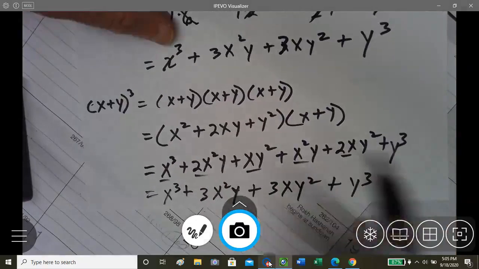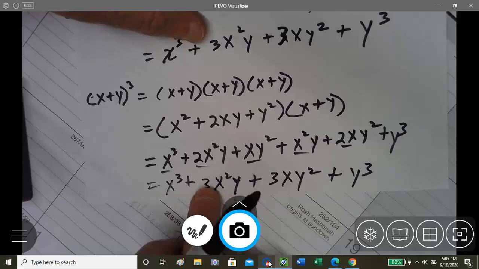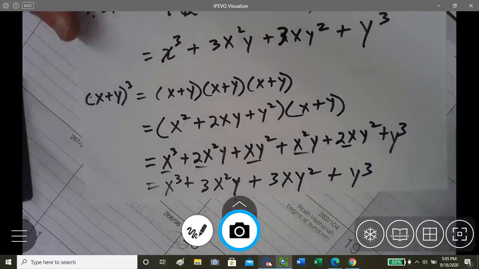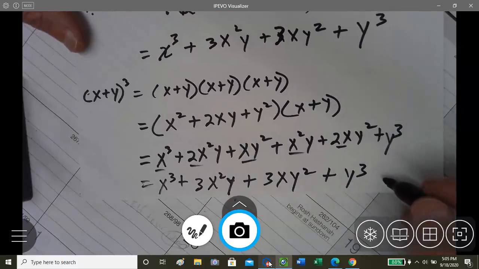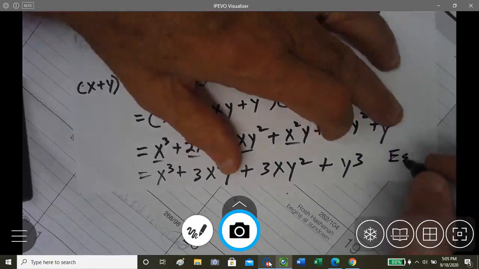So we've got x cubed plus 3x squared y plus 3xy squared plus y cubed. So we've established it.